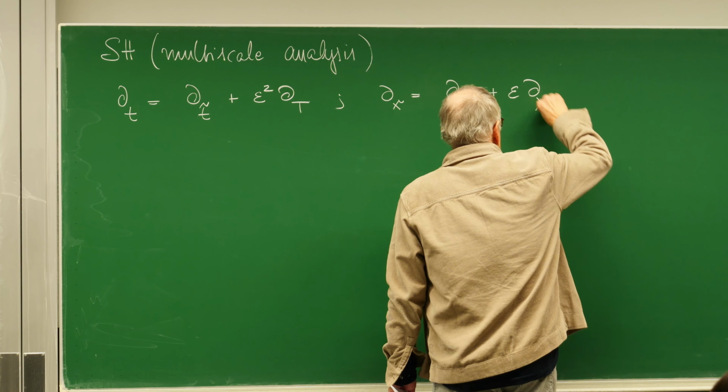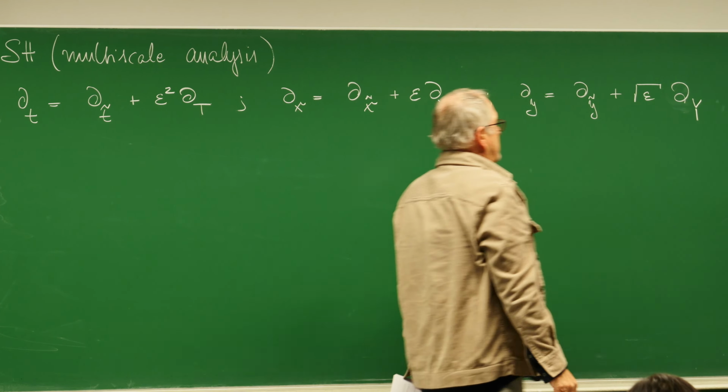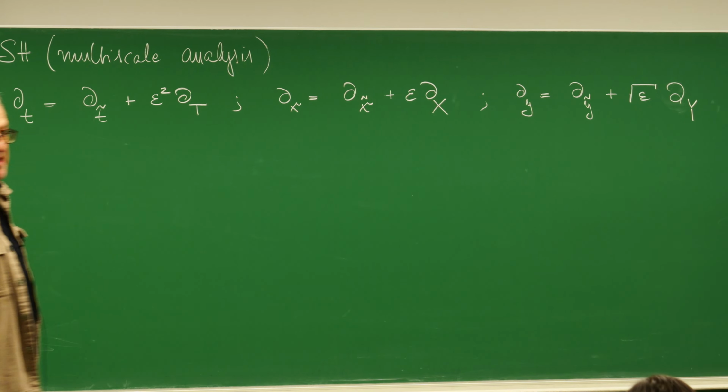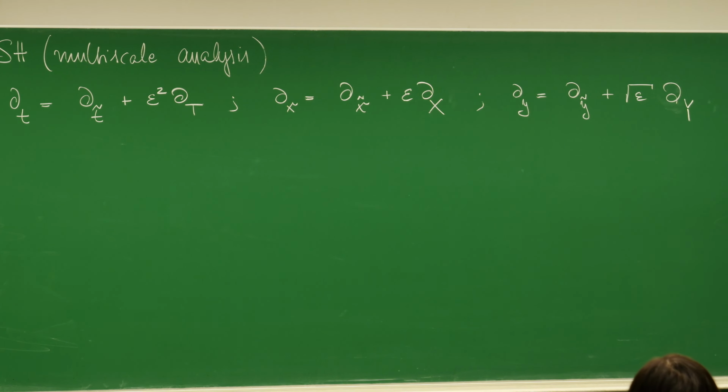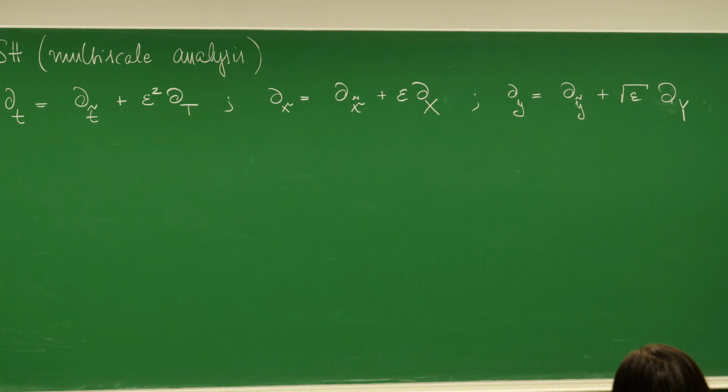And for dy, this is the fast variable plus the square root of epsilon derivative with respect to the slow variable. And now we have everything in place. Everything is nicely expanded out in orders of epsilon.